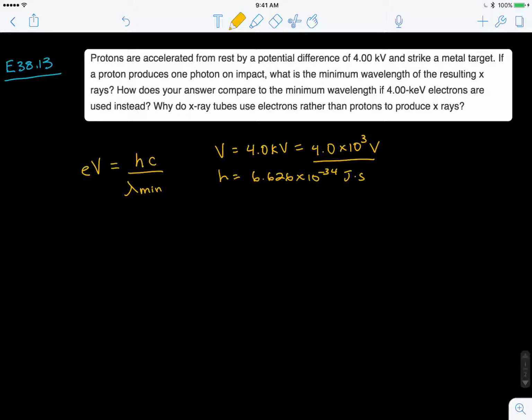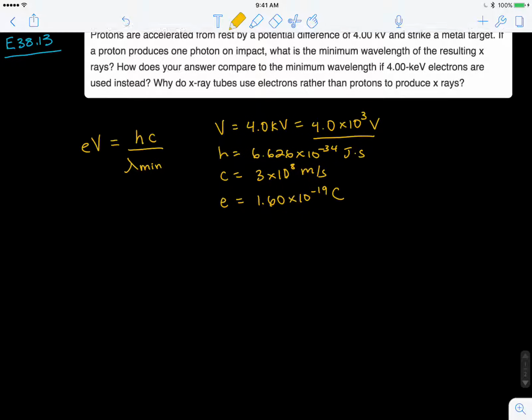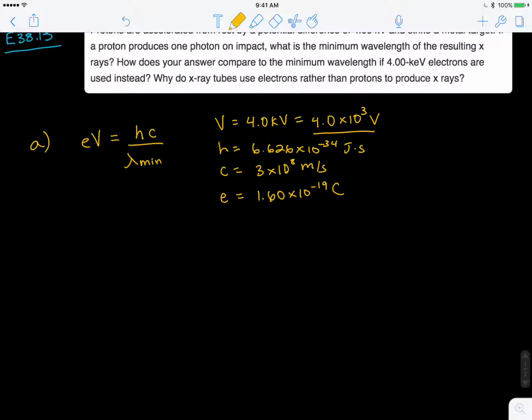That's a constant. c is the speed of light, also a constant, 3 times 10 to the 8th meters per second. And then the elementary unit of charge, e, is 1.60 times 10 to the negative 19th coulombs.